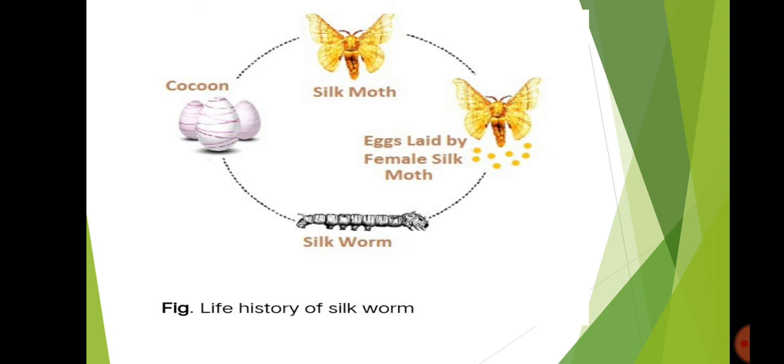The larva, also known as caterpillar or silkworm, hatches out from the egg and grows in size. As soon as the caterpillar gets ready to develop into a pupa, it first weaves a net to hold itself and swings its head from side to side in the form of a figure eight.